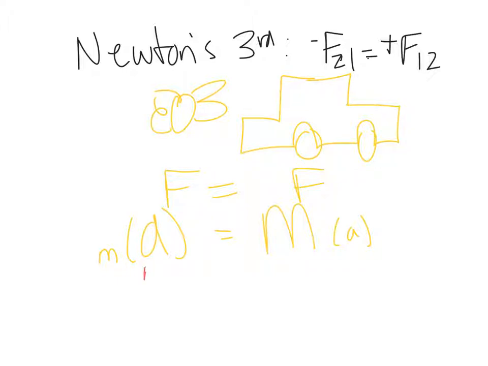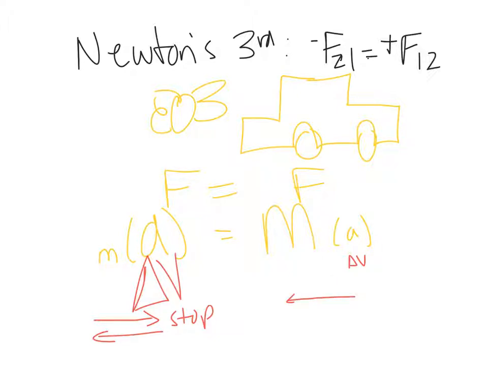Or the bug would have a huge change in velocity where it would be going in one direction, stop, and then turn around and go in the other direction, whereas the vehicle would have a much smaller change in velocity in that same instance of time because it was moving and it simply now starts moving with slightly less velocity, if at all.